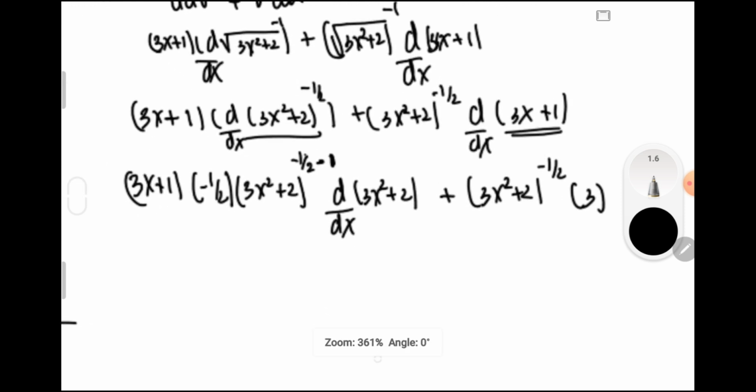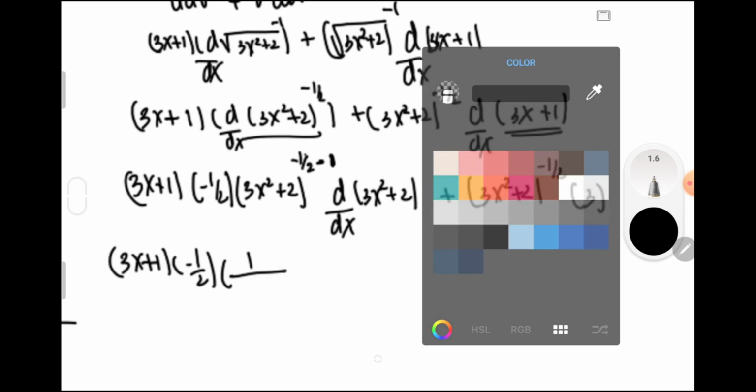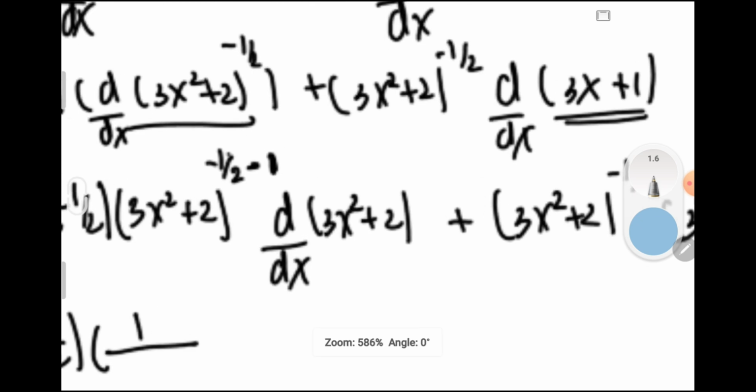Okay? So from this, we'll have a value equal to 3x plus 1 multiplied by negative 1 half multiplied by 1, all over negative 1 half minus 1, which is equal to negative 1 half minus 2 over 2, which is equal to negative 3 halves. Okay?